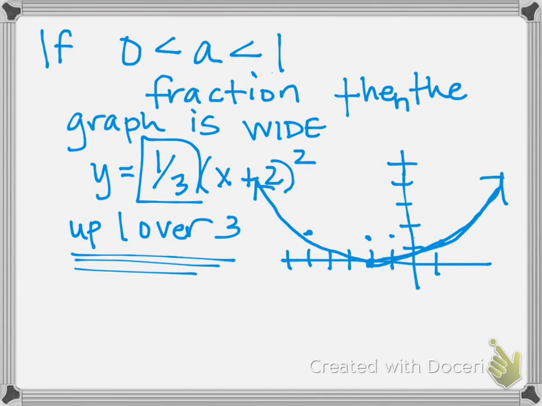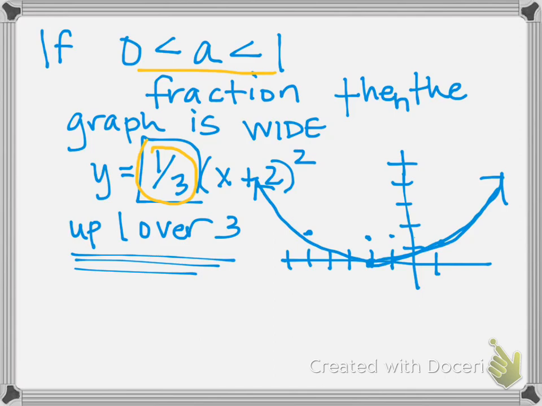Another situation that can happen with a is a could be a fraction. This a is greater than 0 and a is less than 1. A would be a fraction. Fractions out in front make the graph open wide. Think about slope again.